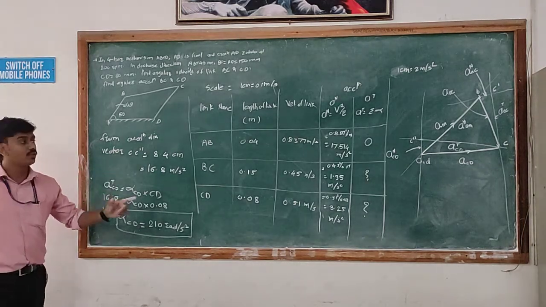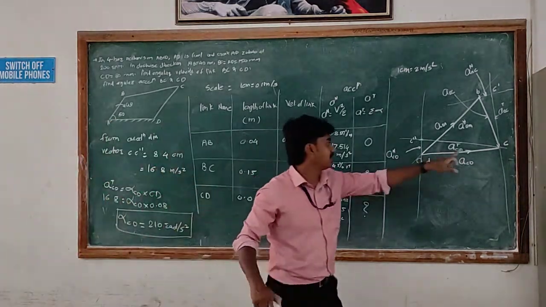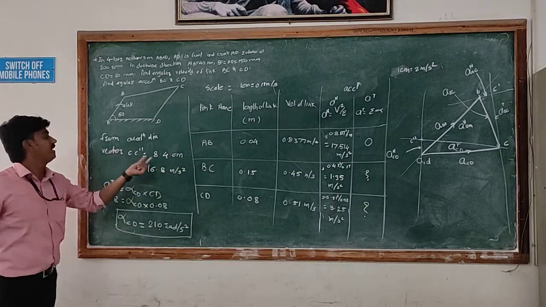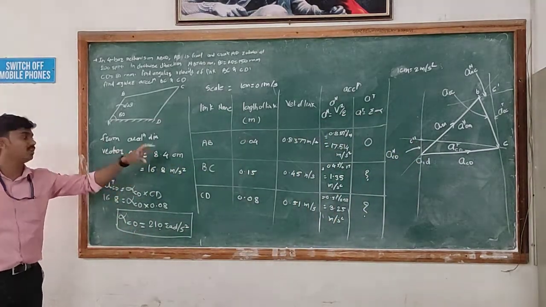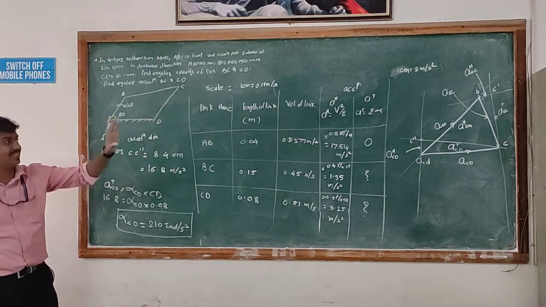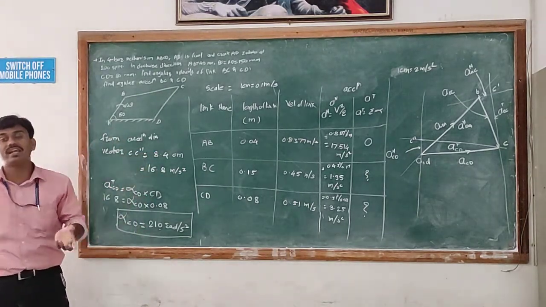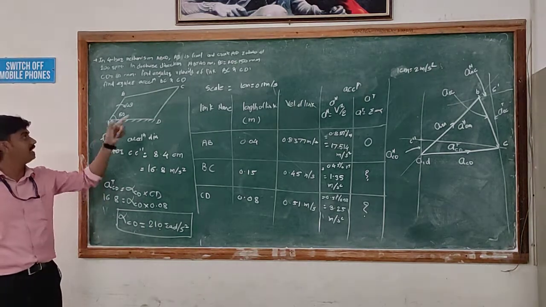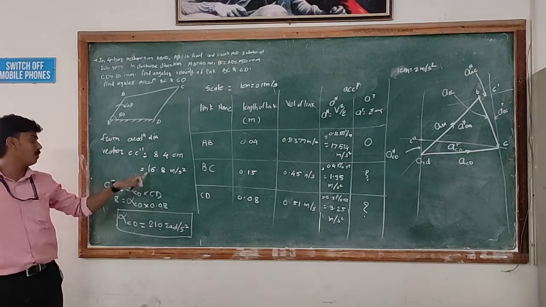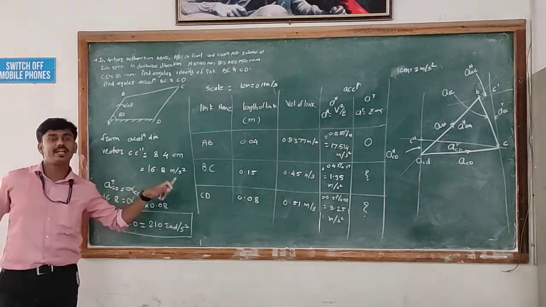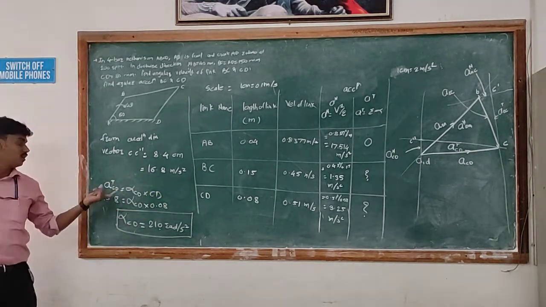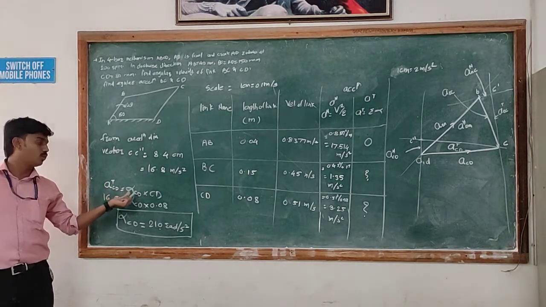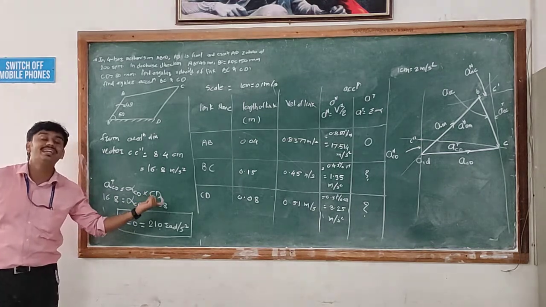How have we calculated this? First of all, we measured the vector length of C double dash. Then we multiplied it by the scale, and we get the actual value of the tangential component of the link CD, which is 16.8 meter per second square. The formula for tangential acceleration of the link CD is angular acceleration of CD into link length.